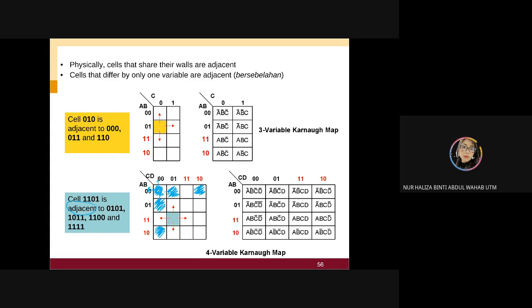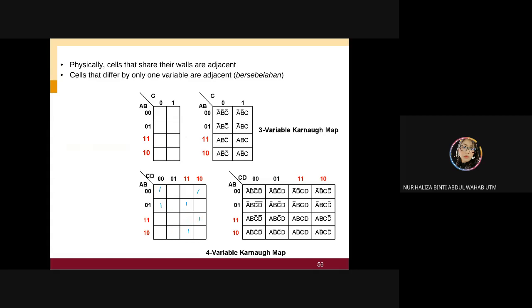Kenapa nak kena tahu sebelah-sebelah ni, doktor? It's going to be making me confused. You need to know the adjacent. You need to know the sebelah-sebelah because later you're going to play around. Let's say I have this value here. Okay.